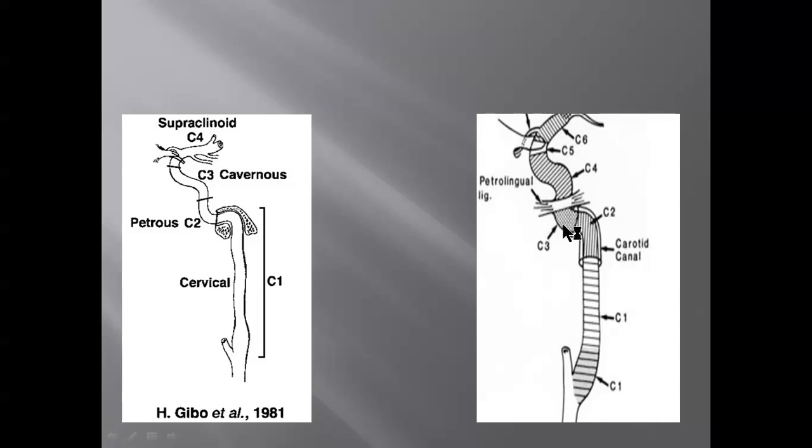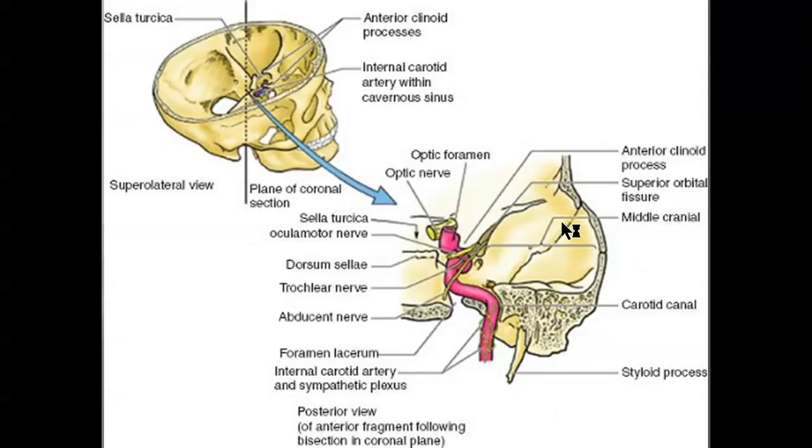What Bouthillier did was classify this as the C3 segment, the lacerum part. The limit of C3, the lacerum part, is the petrolingual ligament, PLL. All right, we'll discuss it later. So right now we are focusing on the C2 Petrous part.